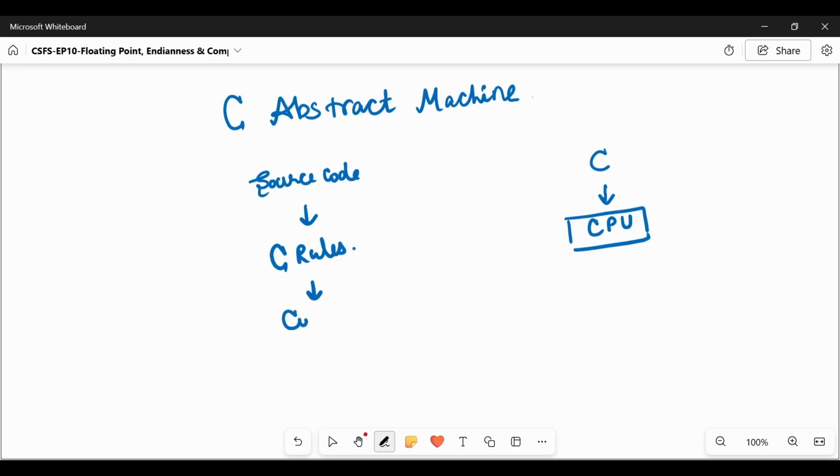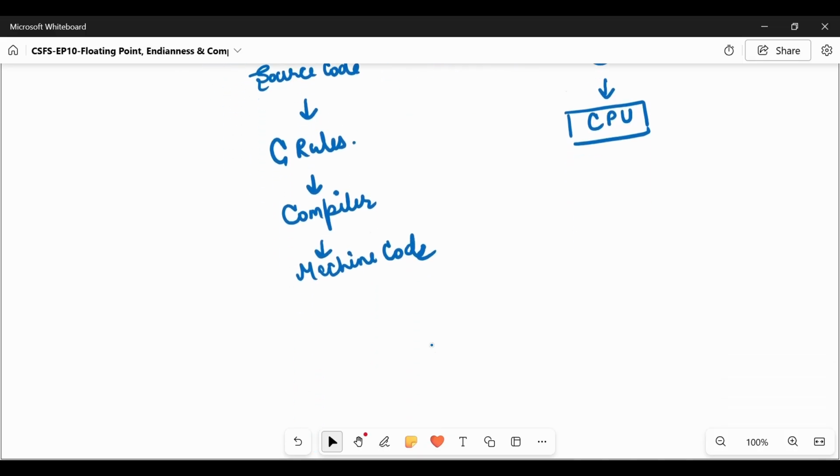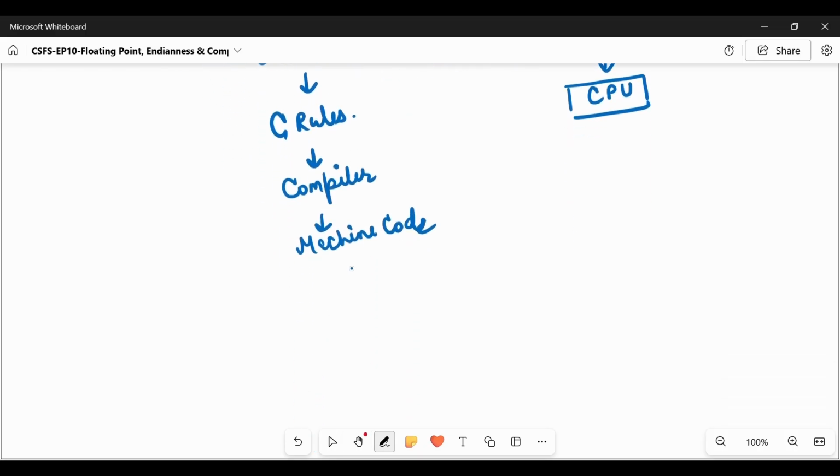After the rules have been applied and passed, it will go through the compiler for compilation. Once the compiler is done, memory allocations and everything is done, it will finally get converted into machine code, that is in 0 and 1 format. After the machine code has been generated, that is our ELF file usually, the ELF file gets loaded into the machine or hardware for its execution.